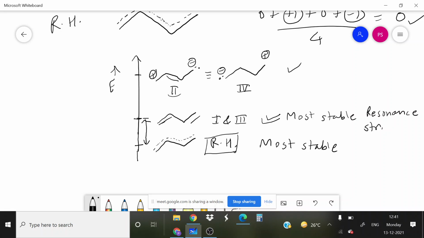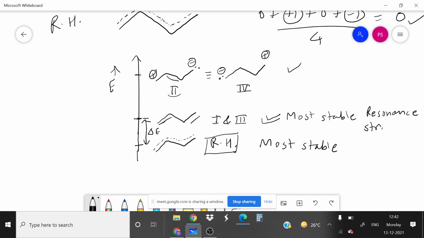The energy difference delta E between the energy of the most stable resonance structure and the energy of the resonance hybrid is called resonance energy, or resonance stabilization energy. And resonance is a stabilization phenomenon. Okay. Resonance means stabilization. Any question?